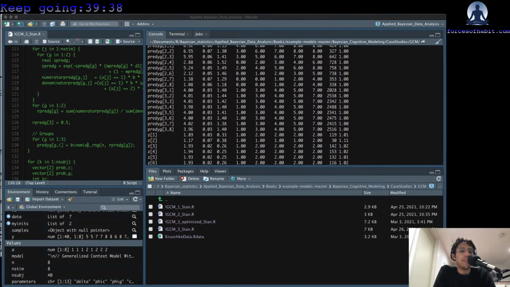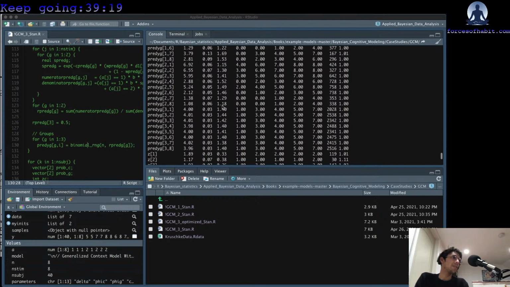Right, so it's just generating a probability distribution with the specified posterior. So we're just getting the number of counts for A for each of the groups.